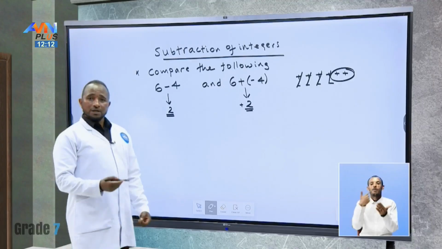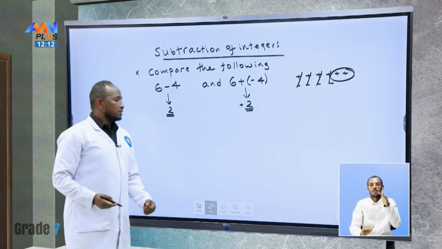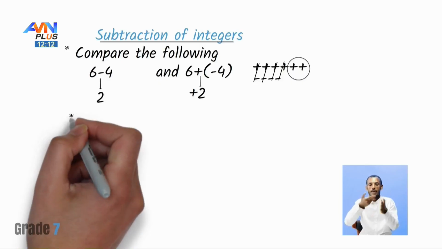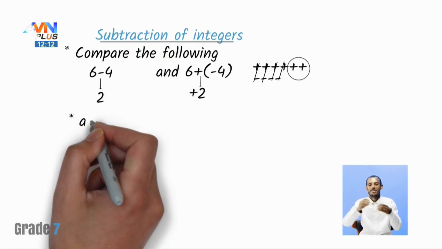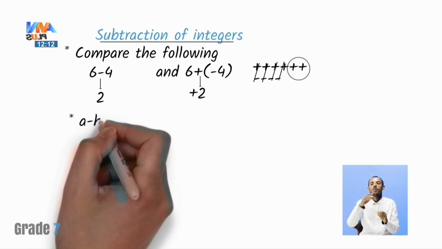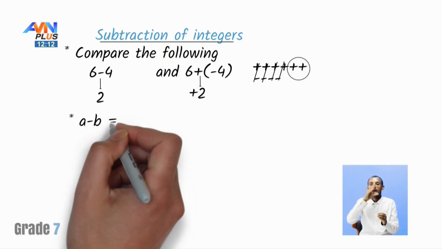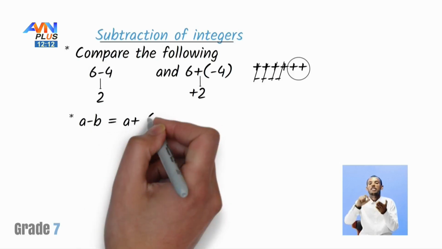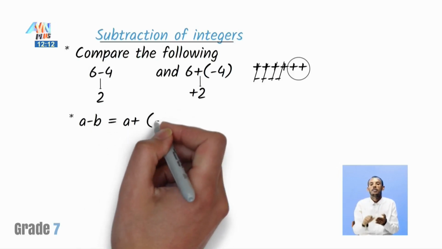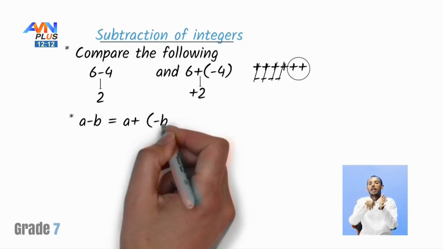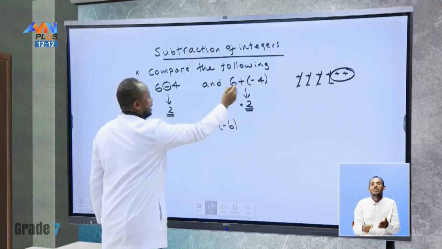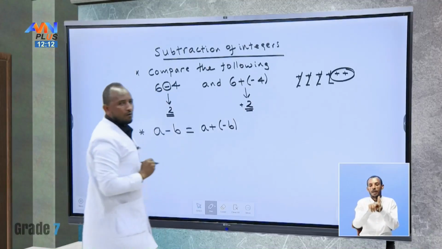Therefore, in the case of subtraction, the technique you use is that subtracting means adding the opposite. For integers A and B, A minus B can be written as A plus the opposite of B. Look at this one. 6 minus 4 is written by just changing this minus to plus, and the opposite of 4 is negative 4.